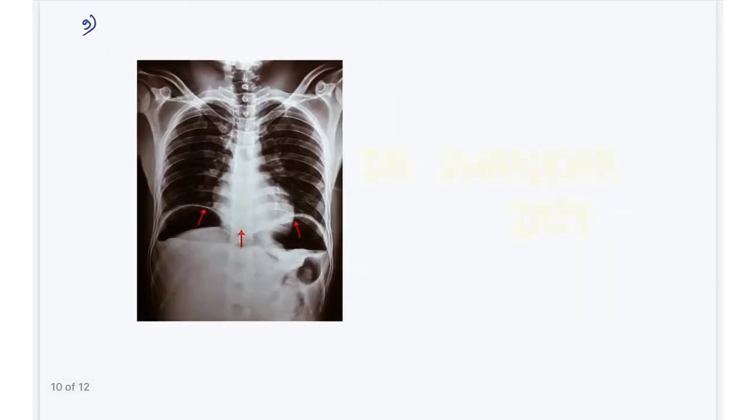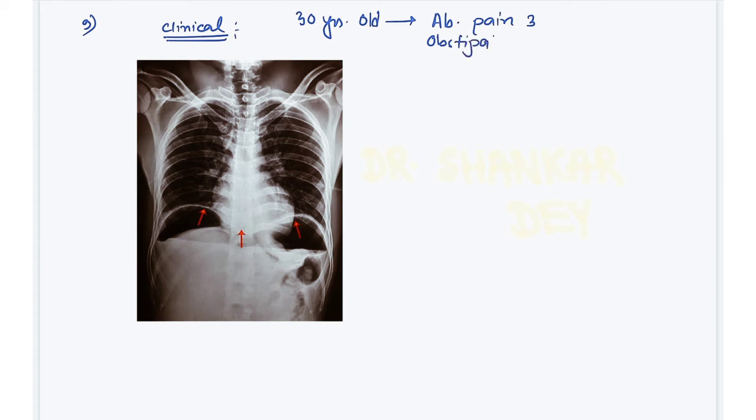Next, this was a clinical question, a very long clinical scenario based question. The question was like that: one patient, near about 30 years old, complaining of abdominal pain for 3 days, obstipation for 2 days, and nausea and vomiting, and the patient had developed severe pain today, and the abdomen is rigid.